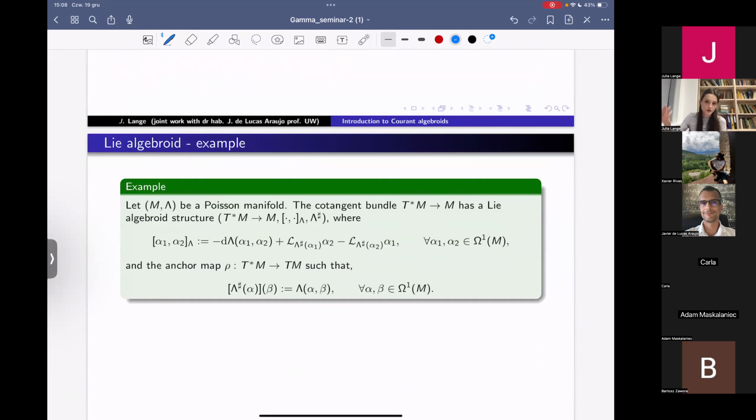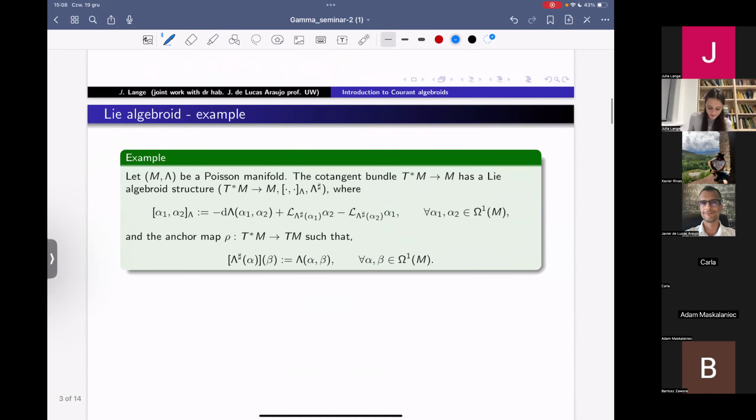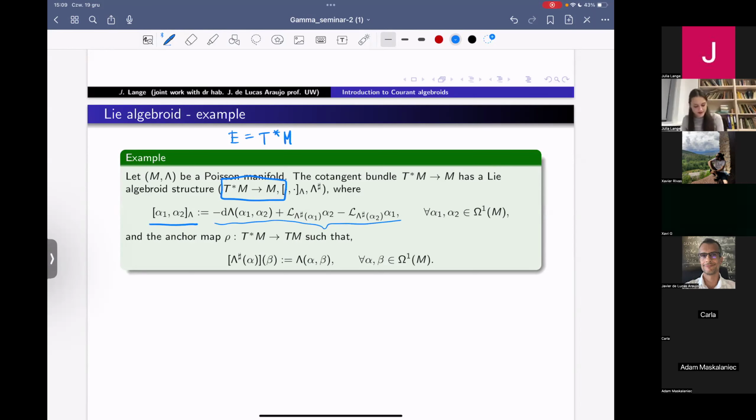We can also think of a Lie algebroid structure on a cotangent bundle. So let me introduce that. Now our bundle E would be the cotangent bundle, and we define the Lie bracket in the following form. You can clearly see this is antisymmetric.